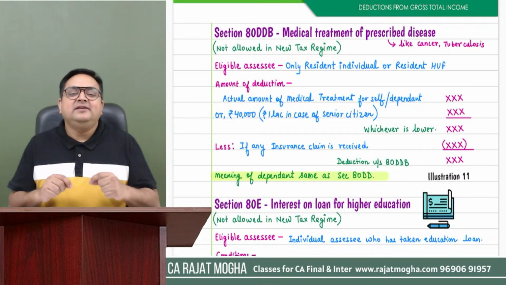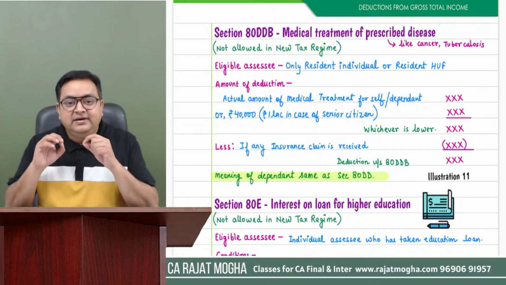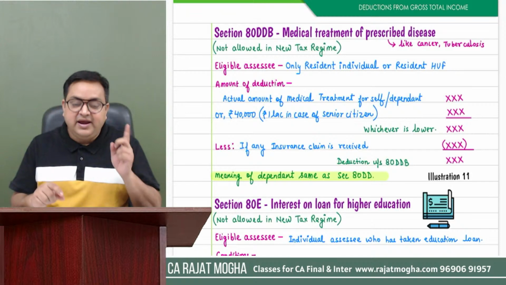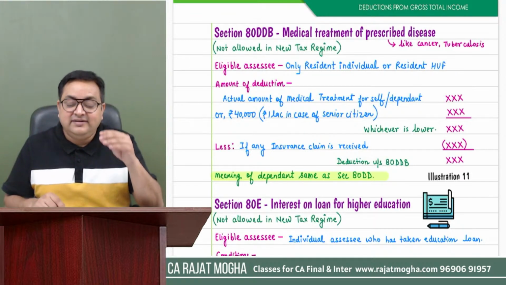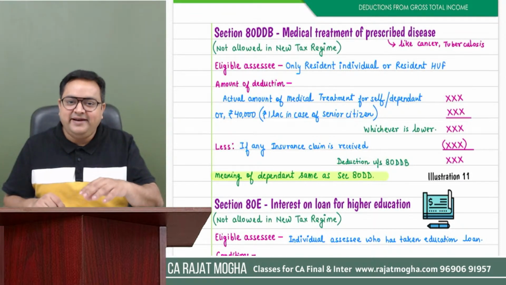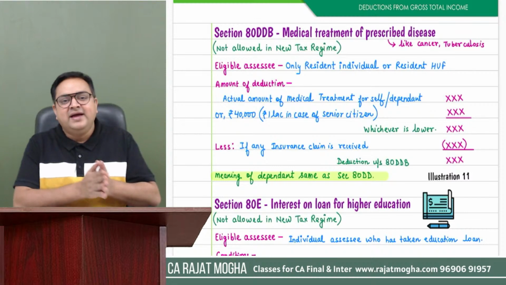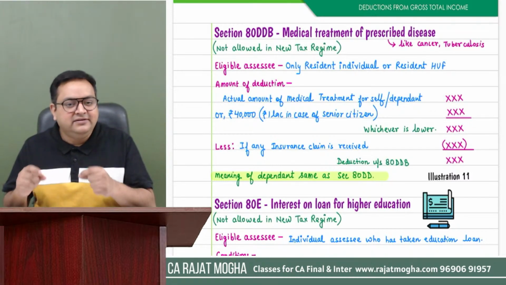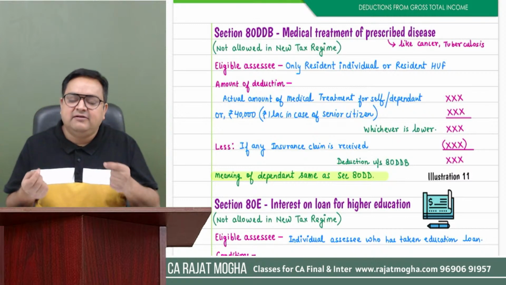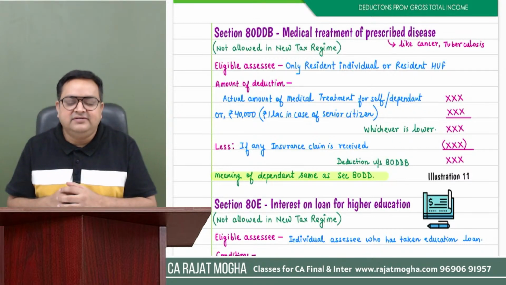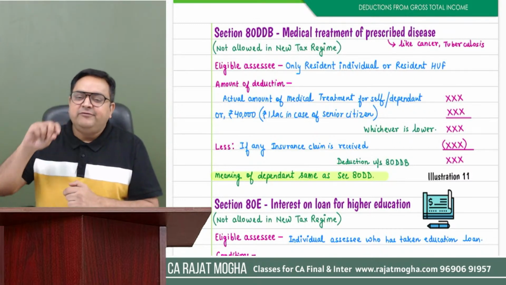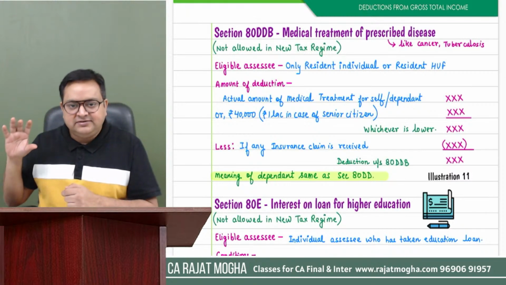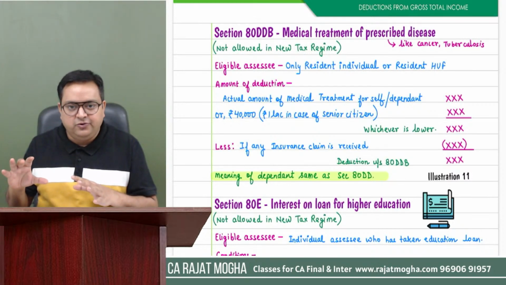So if the assessee is making the payment for disease treatment, 80DD was disability. Here it is disease, right? There's a difference between disability and disease, right? So here, if the person is suffering from that particular life-threatening disease, as I have already discussed, like cancer, tuberculosis, HIV, etc., in that case, whatever is the medical expenditure which the person is making, they can claim a deduction over here.